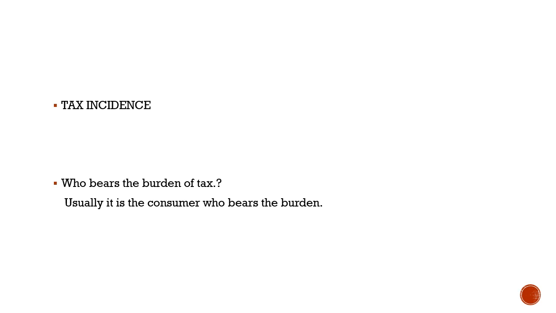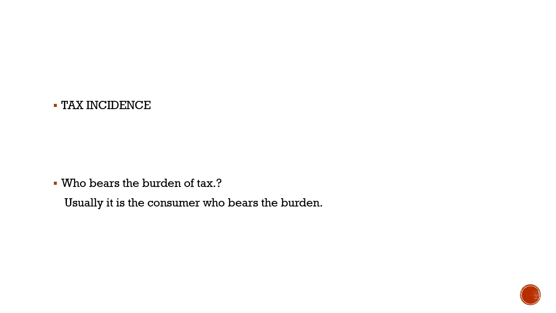Tax incidence. The study of tax incidence is nothing but the study of who bears the burden of tax. So usually it is the consumer who bears this burden. For example, let's assume that the government has increased the tax on tobacco products so that people will quit smoking, and moreover the government will also get more revenue.